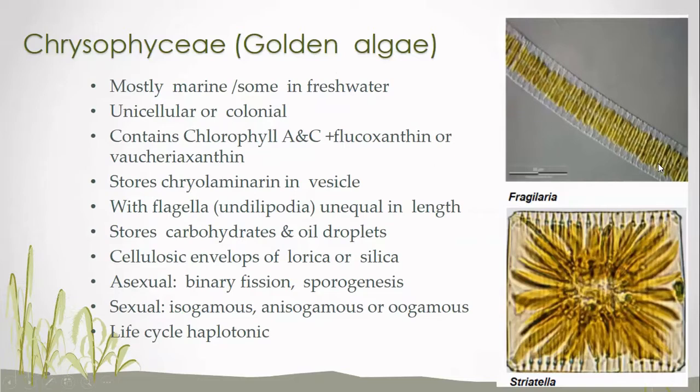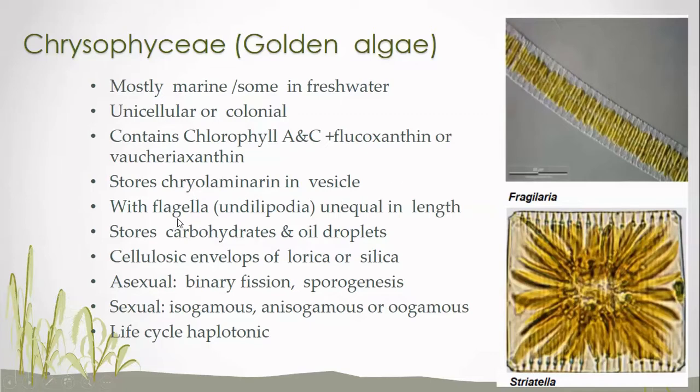So this is an example of colonial Dinobryon. Contains chlorophyll A and C plus fucoxanthin or peridinin xanthin. They store chrysolaminarin. So they have a golden appearance because of the type of starch they store.